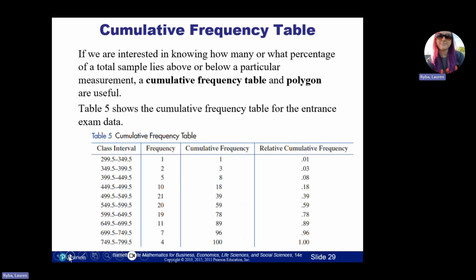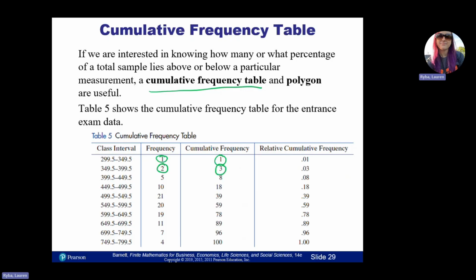The last type of one is called a cumulative frequency. So what happens is you're continuously adding to what you've already counted for. So if you have 1 in the first group, your cumulative frequency is 1. And the next group is 2 individuals, which you add to the 1 previous.